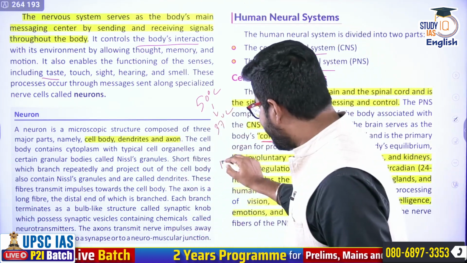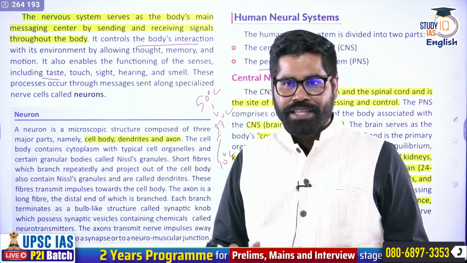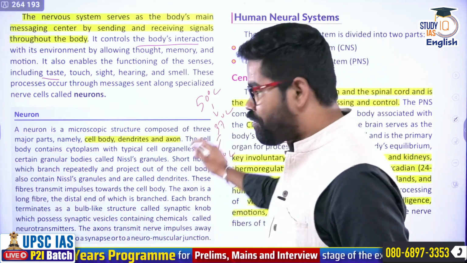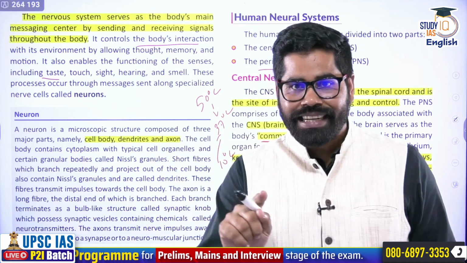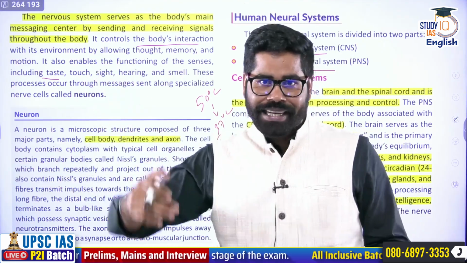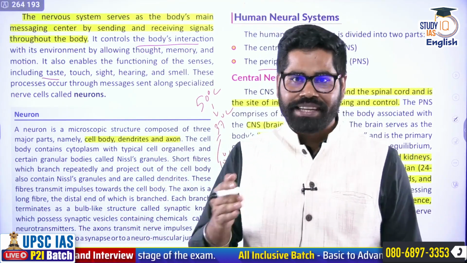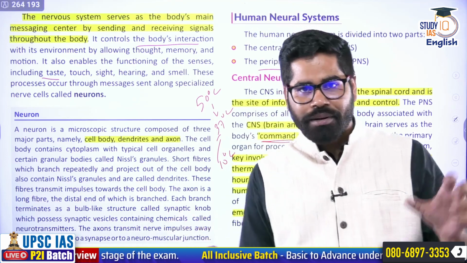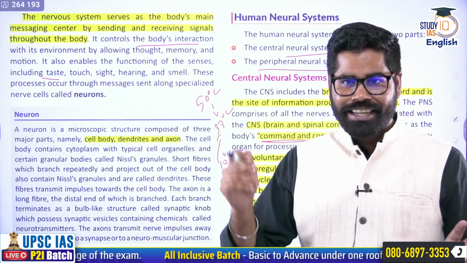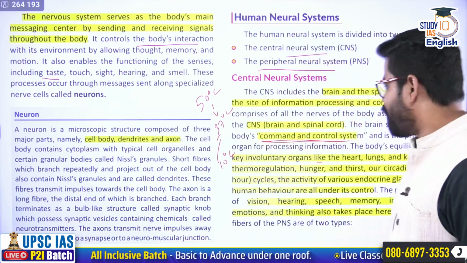When the environmental temperature is 10 degrees Celsius, our body will also have a temperature of 37 degrees Celsius. So this thermoregulation again comes under the brain. The brain is regulating that part also.